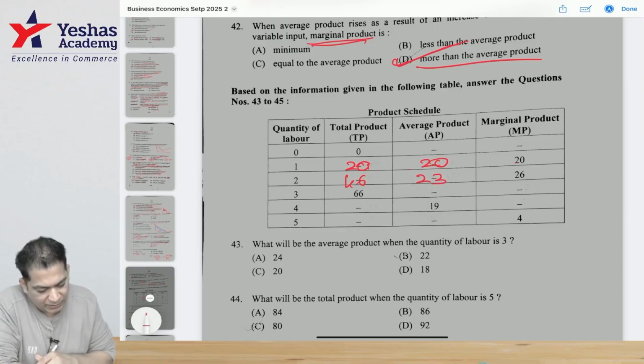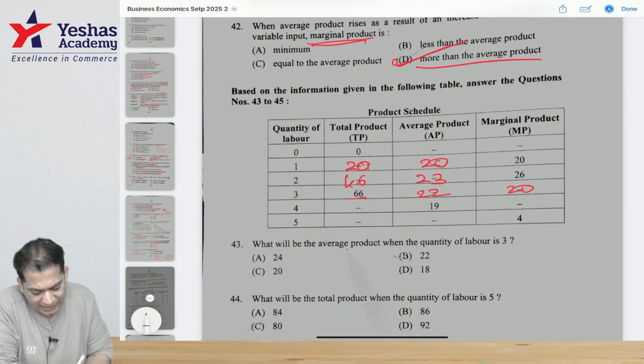All right. Then you have 26 here and 66 here. Now, if I want to find out the average product here, 66 divided by 3. So 22. Correct. And if I want to find out marginal product here, 66 minus 46, that will be 20 divided by 3 minus 2. So that will be 20 here.